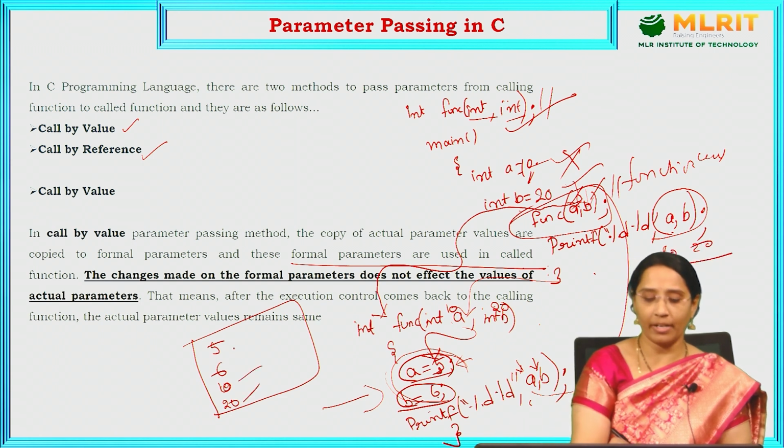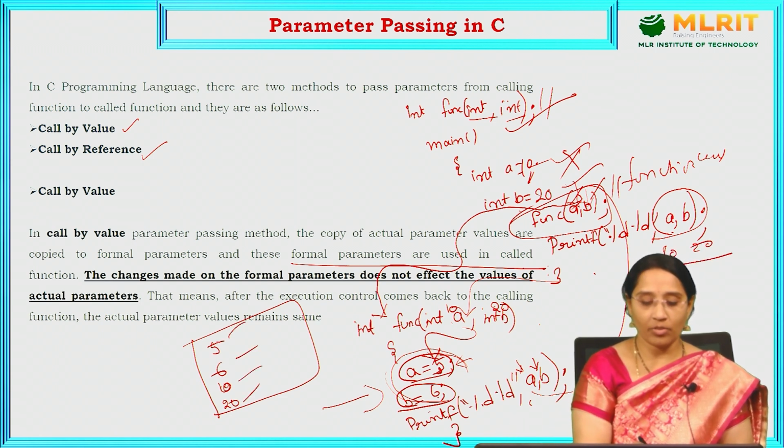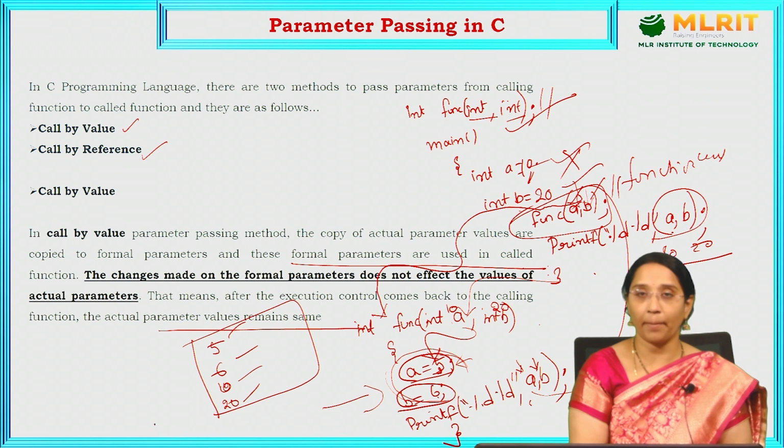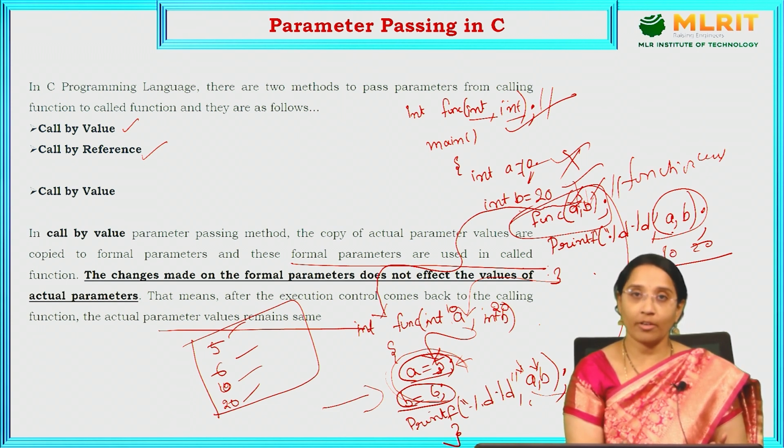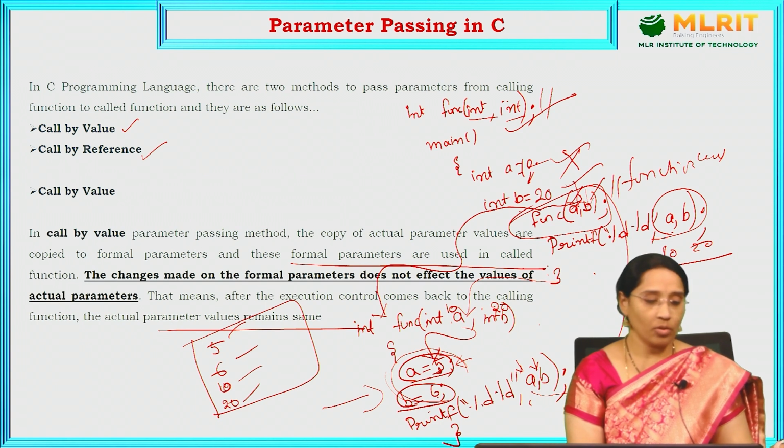The actual parameter values remain the same. No change will be made. So this is call by value. Whatever changes you make in the called function don't affect the calling function, or in other words, changes made in the function definition will not reflect in the main section. Next, what should we do?